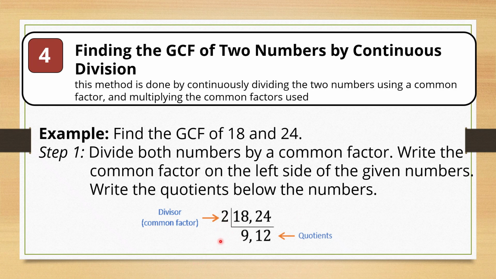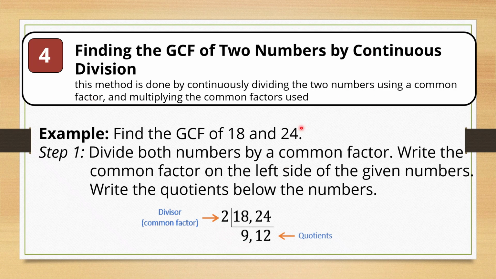So you move to 2, depending on the number which is divisible by both numbers. Say 18 and 24, since these two are even numbers, you may have 2 as a factor. 18 divided by 2, you will have 9.